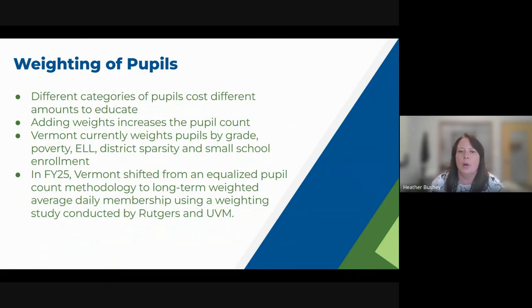So adding weights increases the pupil count. Vermont currently puts weights based on grade, poverty, multilingual students, district sparsity, and small school enrollment. Essex Westford does not qualify for district sparsity or small school enrollment.